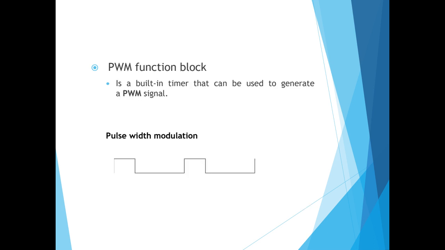The other component is called the PWM function block, which is a built-in timer, and it can be used to generate a PWM signal. PWM is the abbreviation of pulse width modulation, and it is actually a square waveform. As you see, this is the resulting waveform of PWM modulation, which is a square waveform.